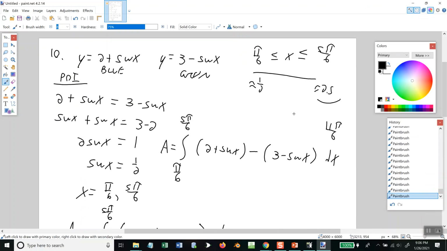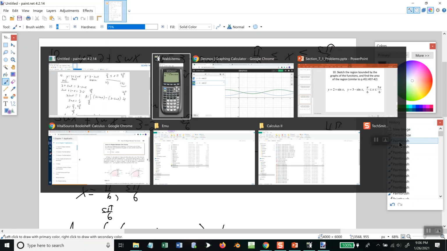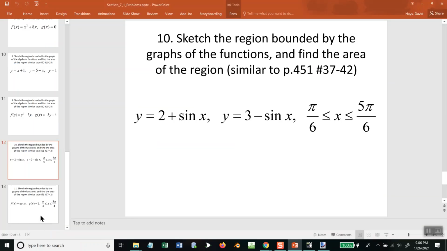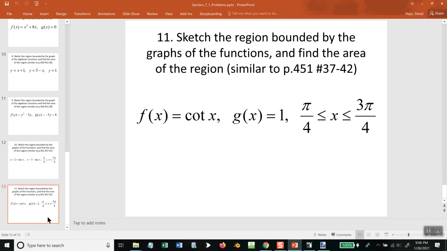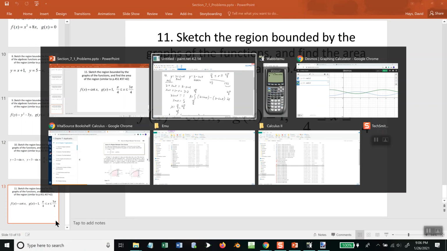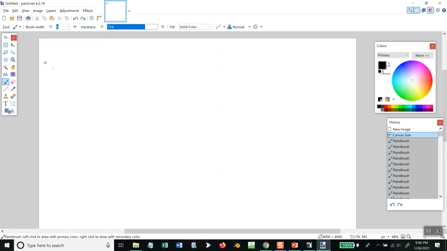Let's take a look at the last one here. And I may use the identities because I can use identities to find the integral of this.